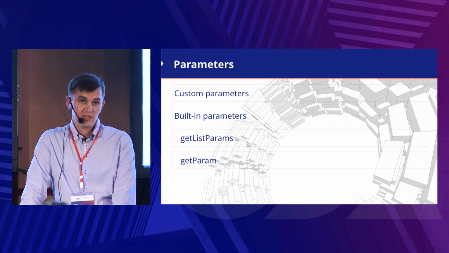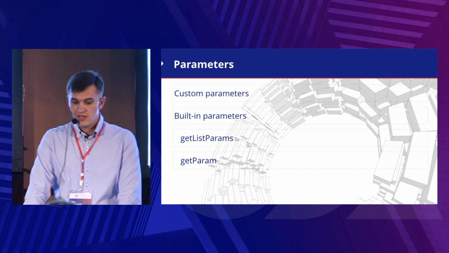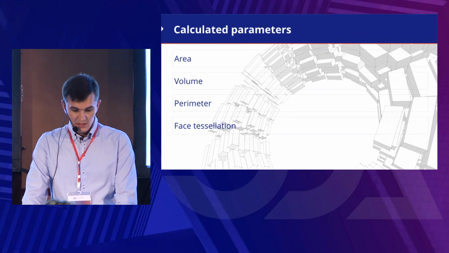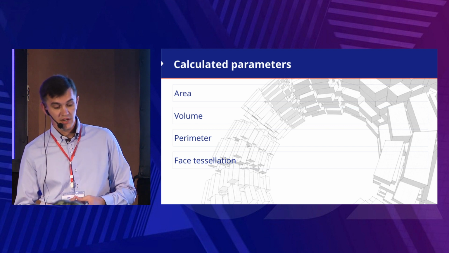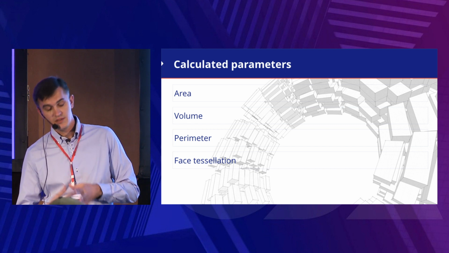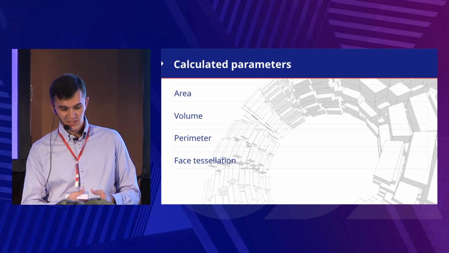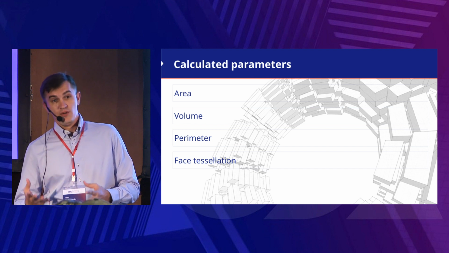Parameters can be stored in different areas of the element. Also, it can be in referenced elements, and also we have calculated parameters. So currently these are parameters like area, volume, perimeter. We implemented them, we calculate them and return the value for you.